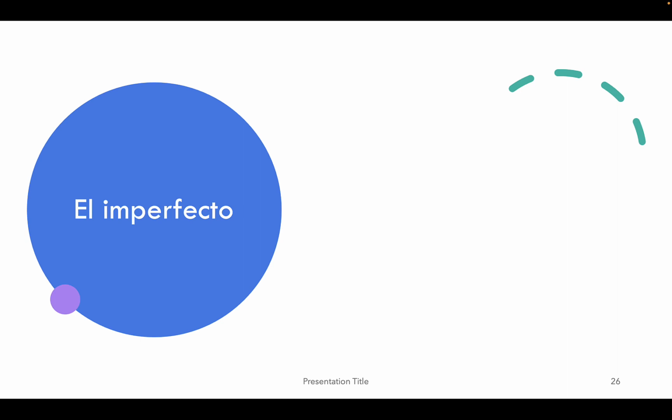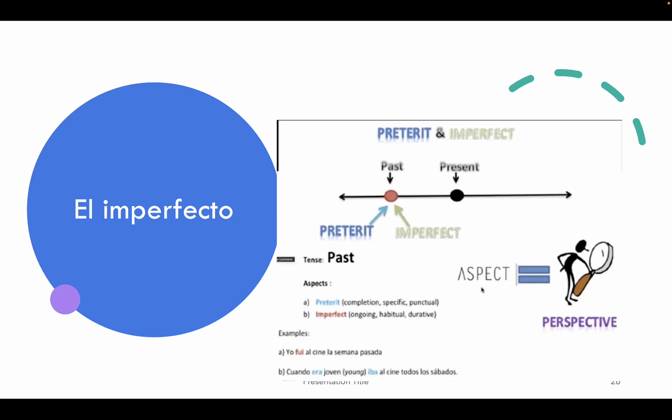Moving along, let's then talk about the imperfect or el imperfecto. Now, remember, we are here talking about two different aspects or perspectives. Again, we cannot really say, grammatically speaking, that in Spanish there are two past tenses. Past tense is just that, one single element or point in time, in this case, the past.